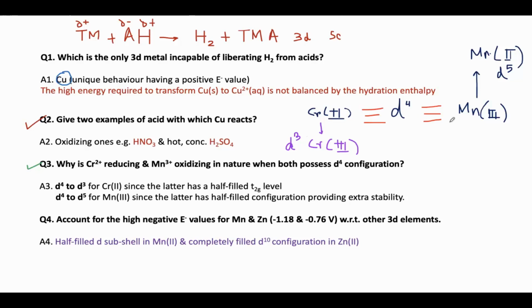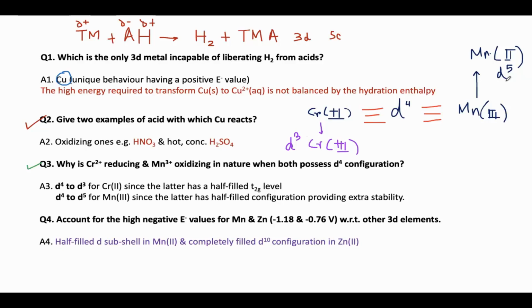So in this case, what is the driving force behind this reaction? If from d4 it can go to d5, then you can understand this very well, because d5 is the half-filled electronic configuration. I have told you multiple times while teaching the d and f block elements that half-filled or fully filled orbitals provide some extra stability to the system.